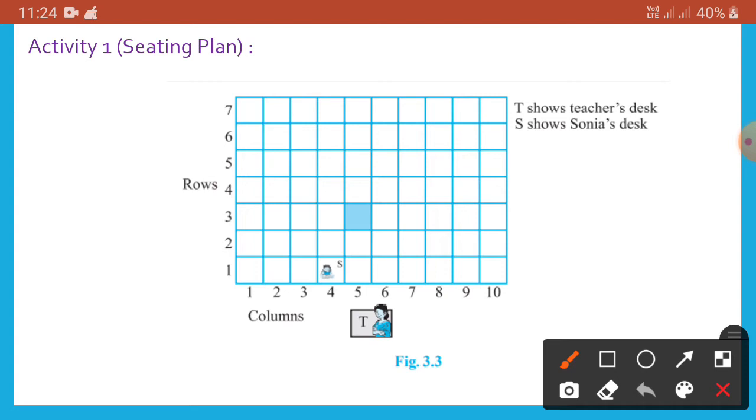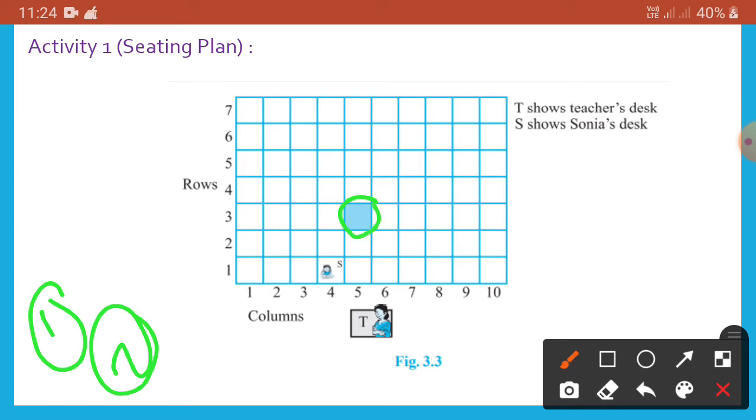The position of each student in the class is described precisely by using two independent pieces of information: number 1 is the column in which she or he sits, and number 2 is the row in which she or he sits. If you are sitting on the desk lying in the 5th column, 3rd row, represented by the shaded square in this figure, your position is 5th column and 3rd row.